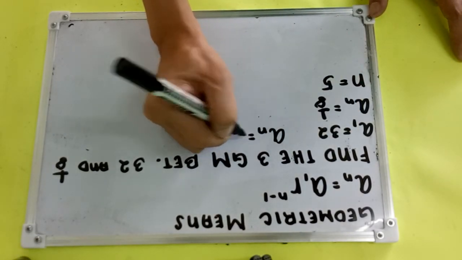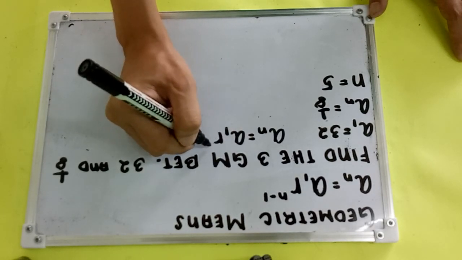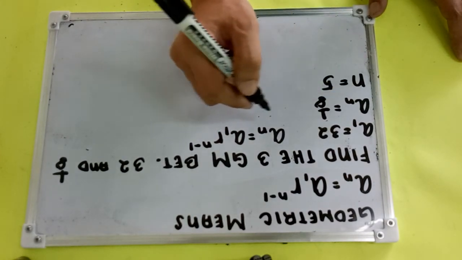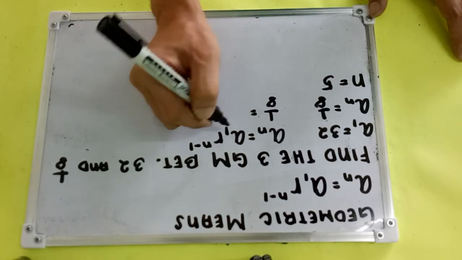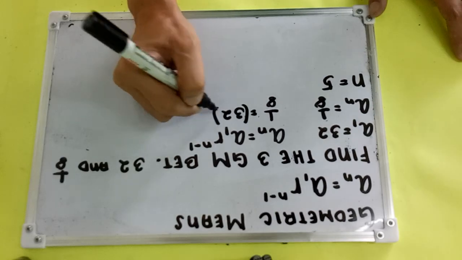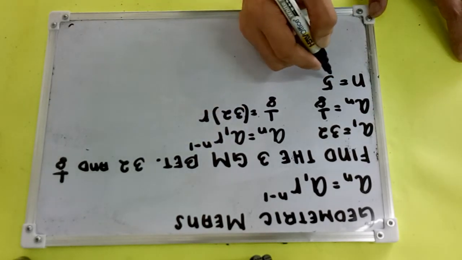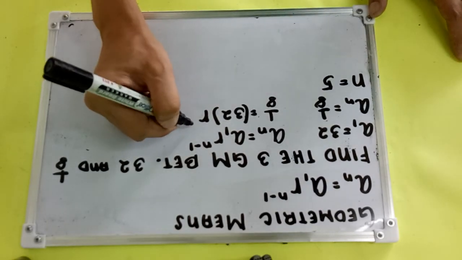So again, we will use this formula. A sub n is equal to a sub 1 r raised to n minus 1. So ang a sub n natin or a sub 5 is 1 over 8. Then ang a sub 1 natin is 32 multiply by r raised to n minus 1. So diretsuhin na natin. Ang n natin is 5 and then minus 1, 4.